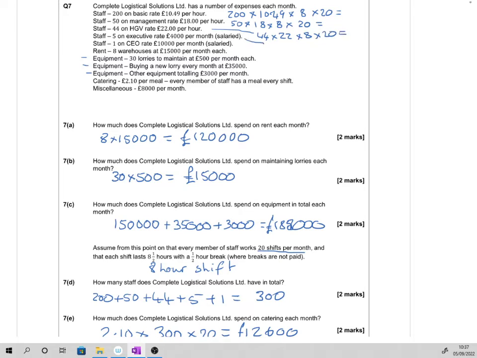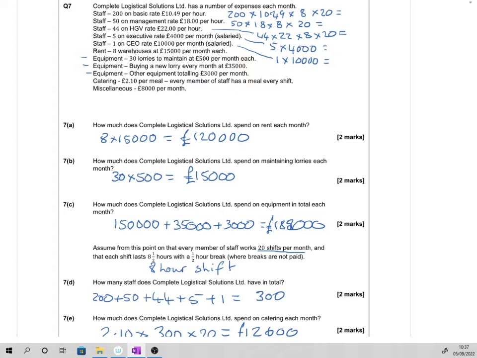This one, 5 times 4,000. This one is 1 times 10,000.